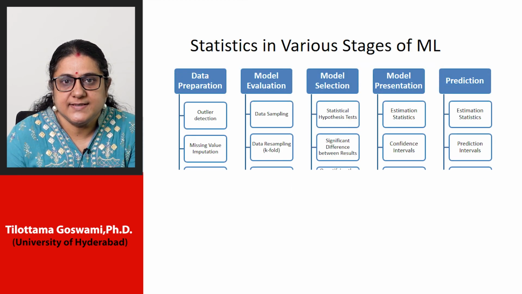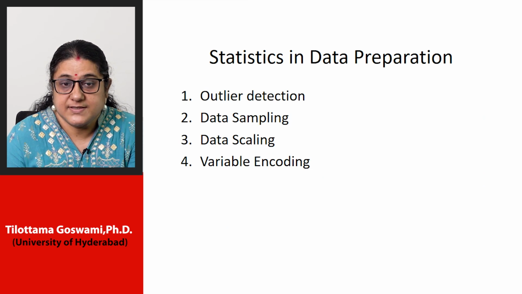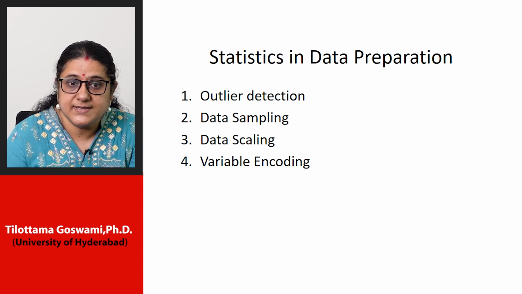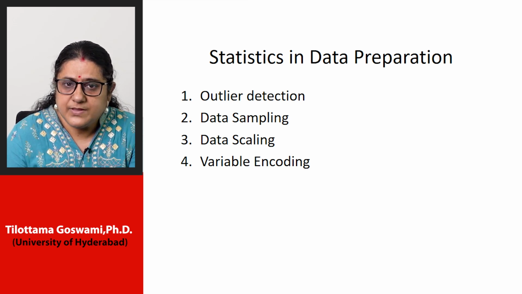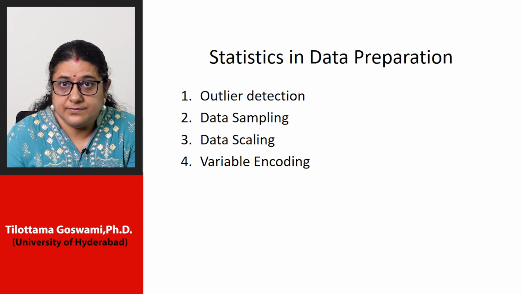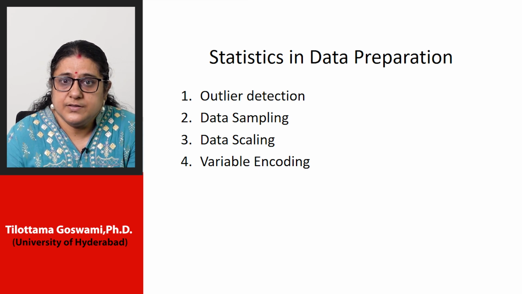The statistics in various stages of ML. For data preparation, the statistical methods used are outlier detection, missing value imputation, data sampling, data scaling, and variable encoding. When the model has to be evaluated, the evaluation very much depends on data sampling, data resampling, and experimental design. Which model to select depends on the data sets, the data categories, and the problem statement.